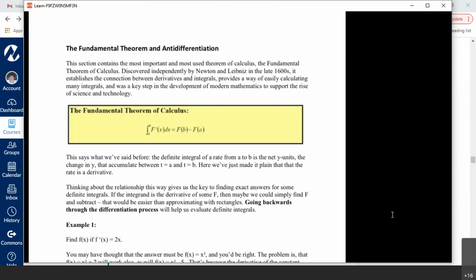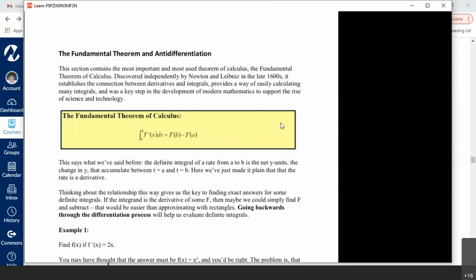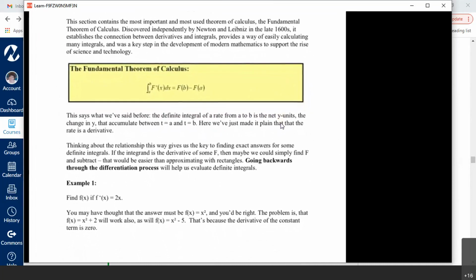It was independently developed, or discovered, I think developed is a better word, by Newton and Leibniz, two towering mathematicians in the past, at least in Western tradition. What it does is relate derivatives and integrals. It's something that we use a lot as the foundation. A lot of foundational stuff is hidden, but it does form the basis of a lot of mathematics.